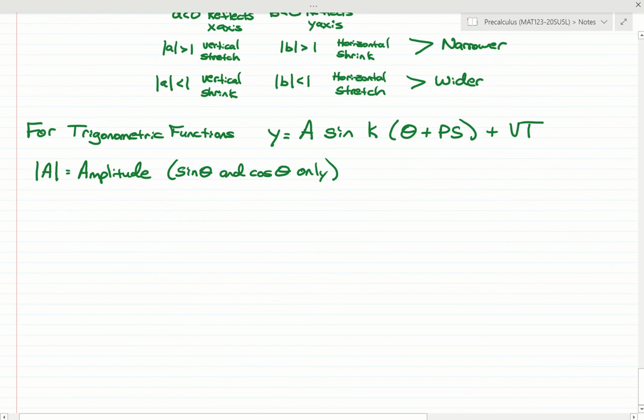In order to get the period, we're going to take the normal period of our trig function divided by k, and that's going to equal our period. Just make sure that we factor out k. PS stands for our phase shift.